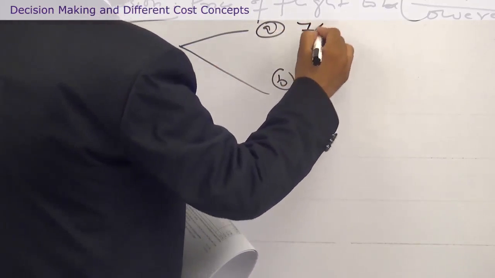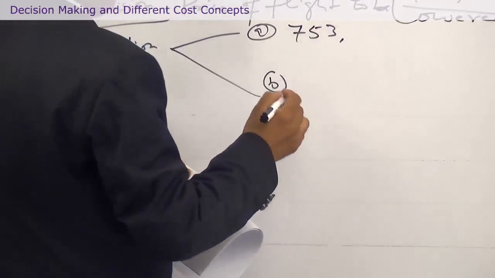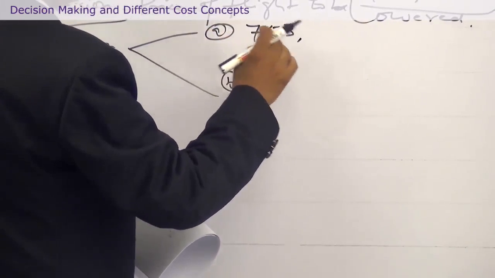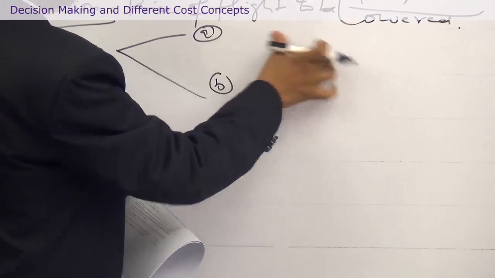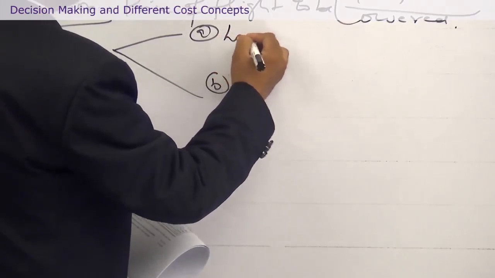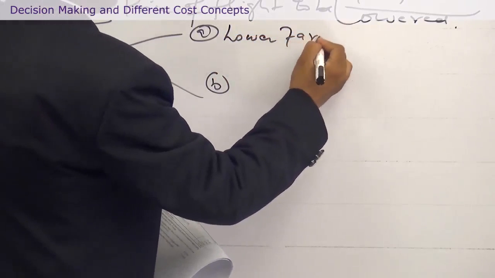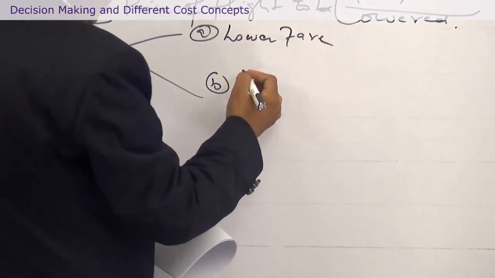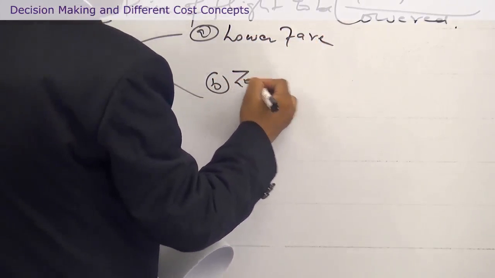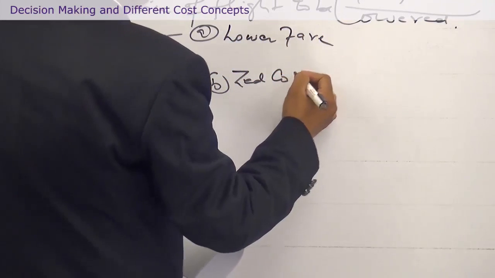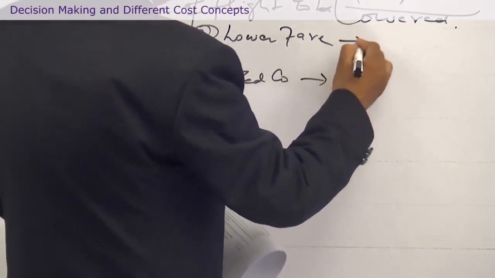The first option is lower fare. Second option is take Z company facility.